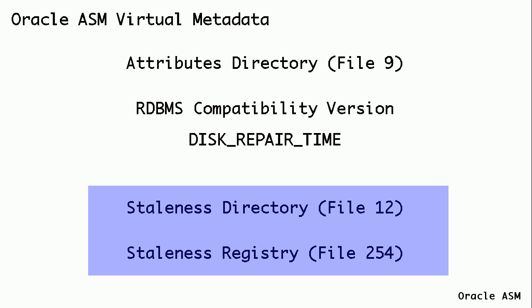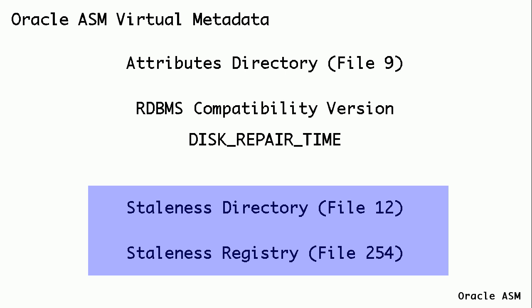Next two Oracle ASM Virtual Metadata Structures are related to a new feature called Oracle ASM Fast Mirror Resync, which was introduced with Oracle 11G Release 1. This feature is only available for disk groups in normal or high redundancy with RDBMS compatibility attribute set to 11.1 or higher.